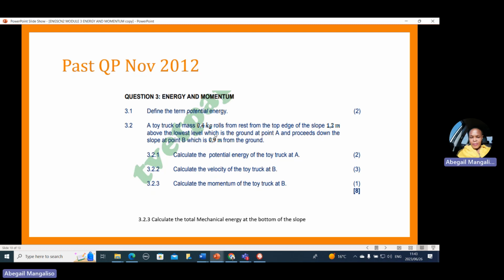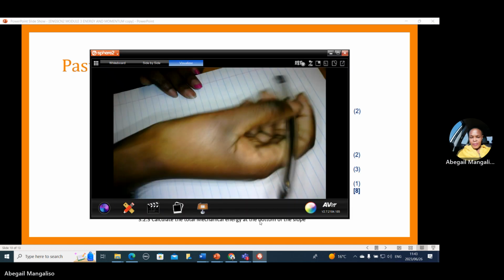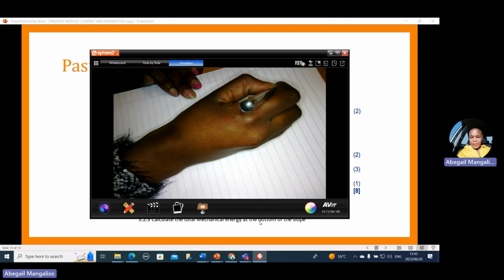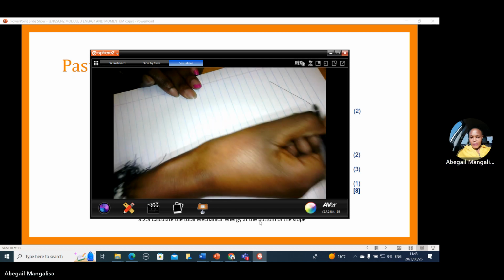So let's first catch the first part. It rolls down from rest from the top edge of the slope 1.2 meters above the lowest level, which is the ground. So this is how the sketch will look. It rolls down. This is the slope.